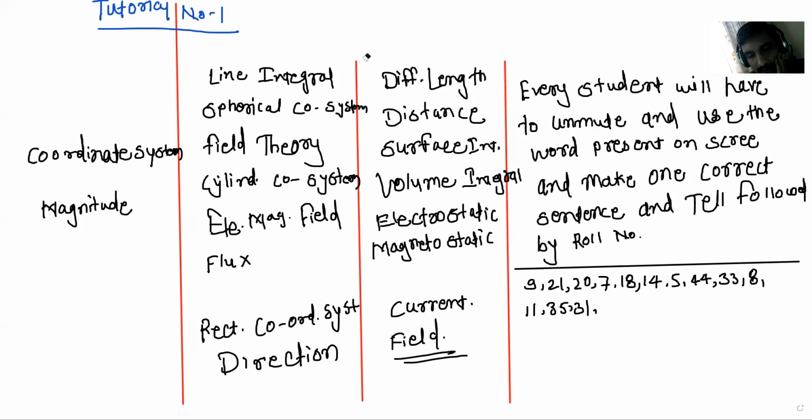Roll number 15. Current is a flow of electric charge. Okay, fine, great. Next. Sir, roll number 35, field.